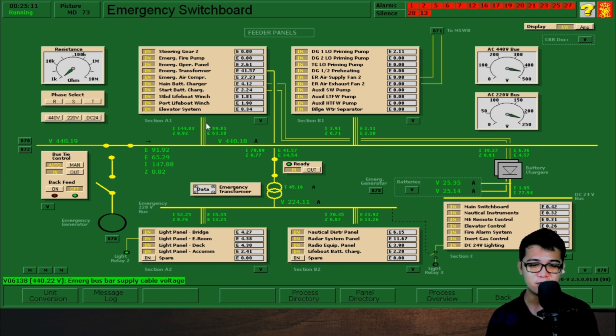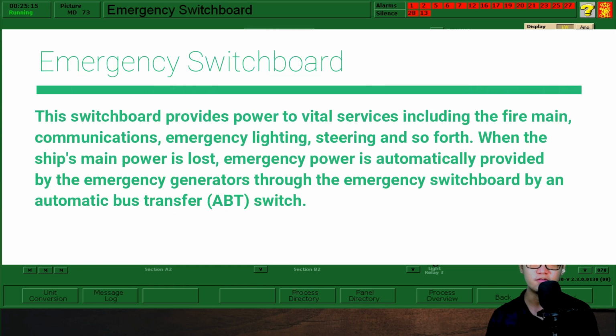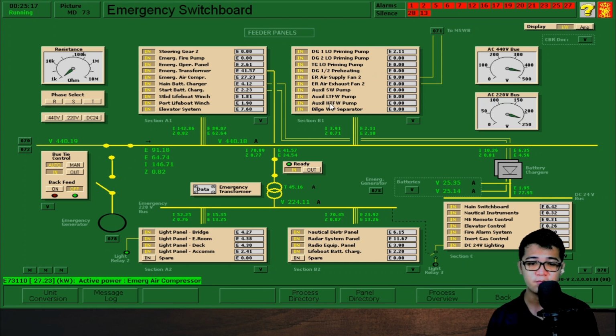So connected on this emergency bus bar are the switches for all of these essential services, especially during emergencies. We have here our emergency fire pump, and also our emergency transformer, which steps down our voltage.